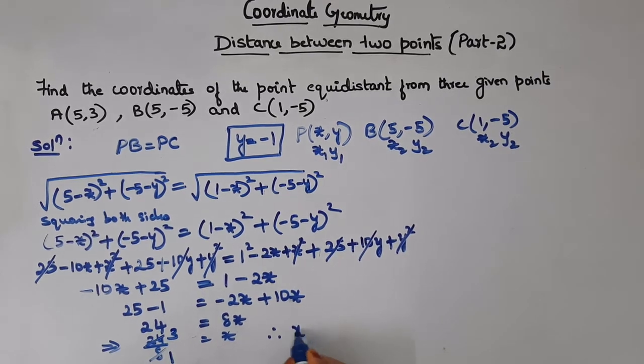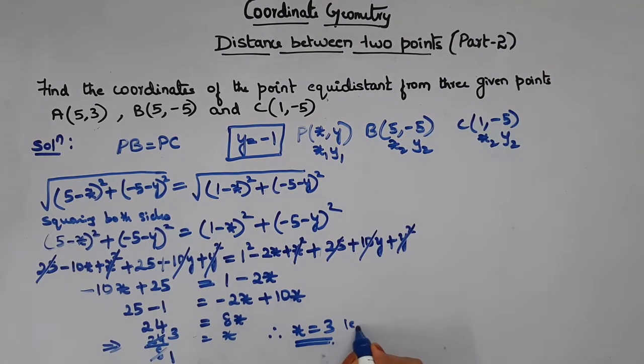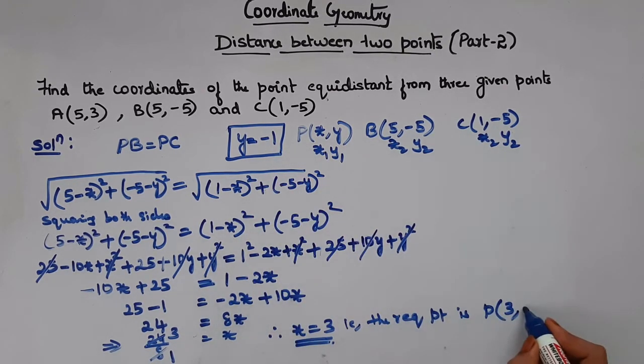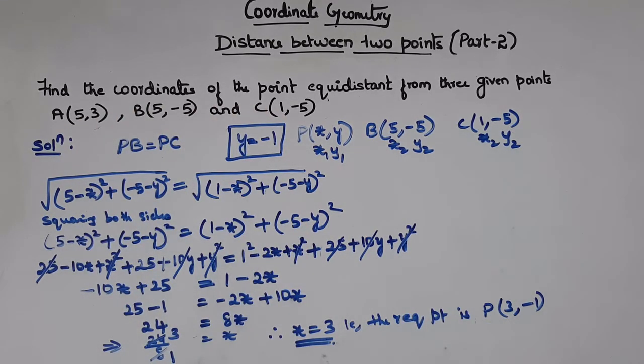So therefore your x is 3, right? That is, the required point is P of x comma y. Here x we got as 3 and y is minus 1. So your point is 3 comma minus 1, which is equidistant from these 3 points. Now let's move on to another problem.